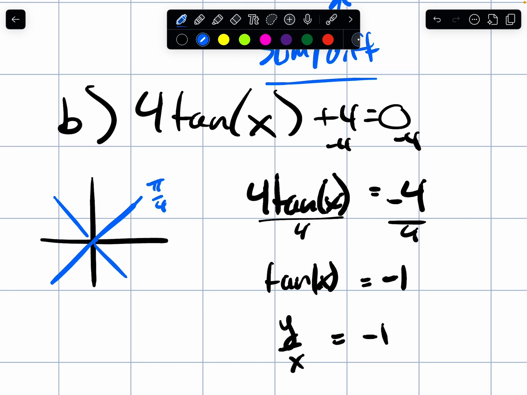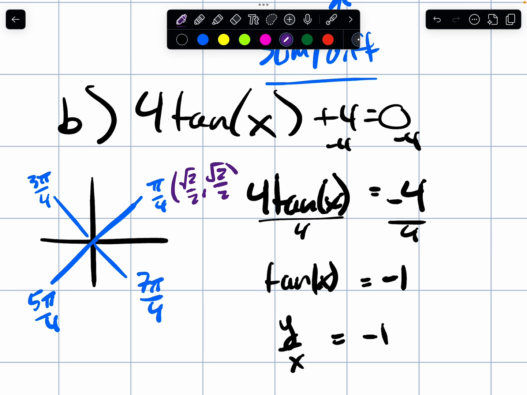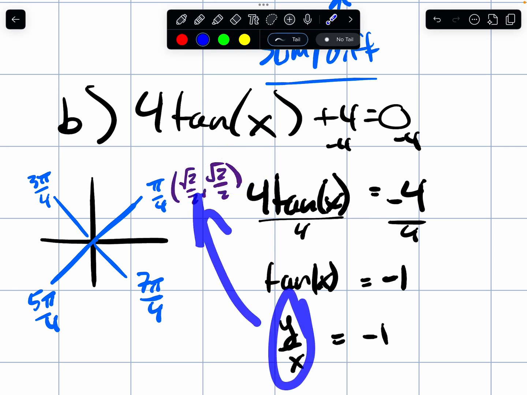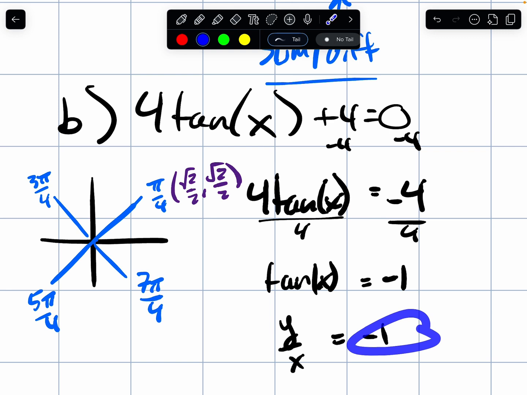So this is pi over 4, 3 pi over 4, 5 pi over 4, and 7 pi over 4. And we know this because at all the pi over 4s, it's root 2 over 2 and root 2 over 2. One of them is positive and negative, but they're both the same number value. So if I put y over x on top of each other, it's going to be 1 because it's root 2 over 2 over root 2 over 2. So anytime you see 1, you should automatically think pi over 4 for the tangent.